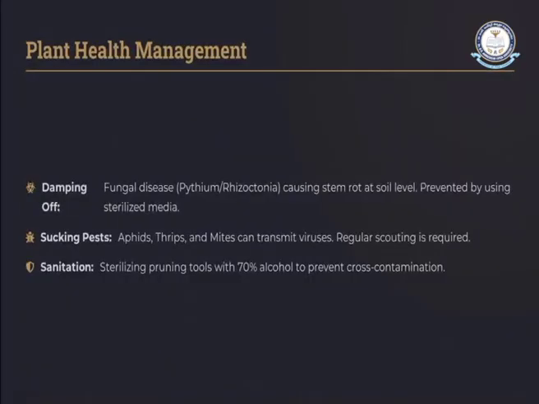We also have to take care of plant health management. Here, plant health management means we have to make sure the plant is disease free. Fungal diseases cause stem rot, and at the soil level they can be prevented by using sterilized media. With stem rot, the stems will not be capable and won't be healthy.